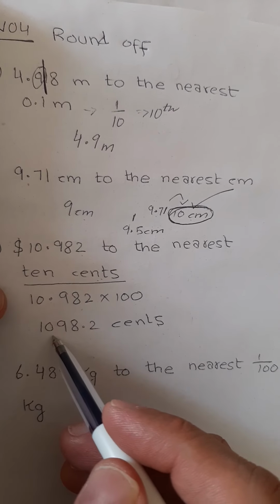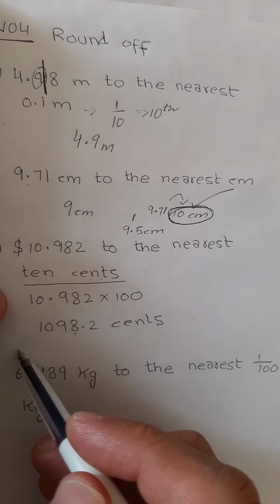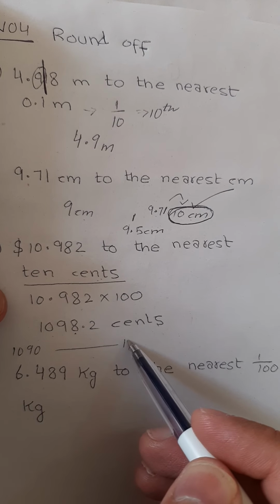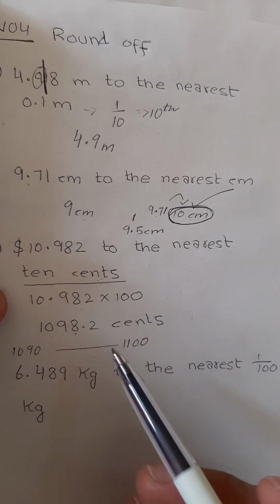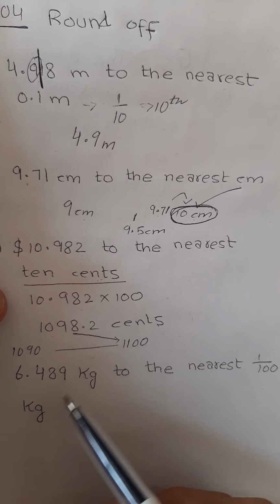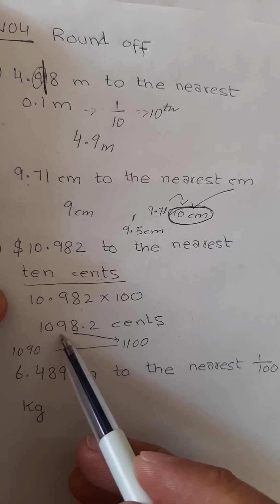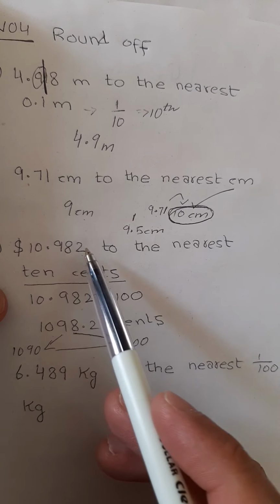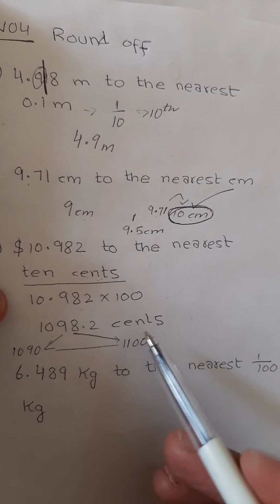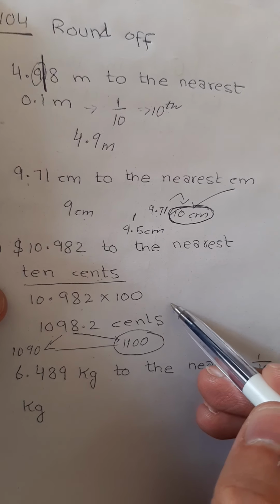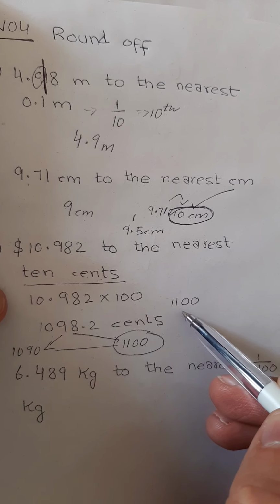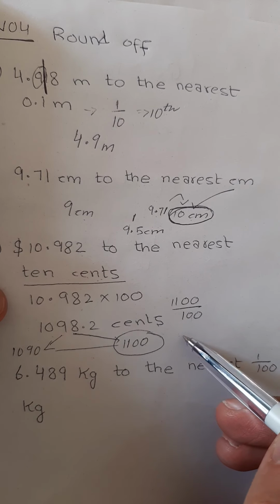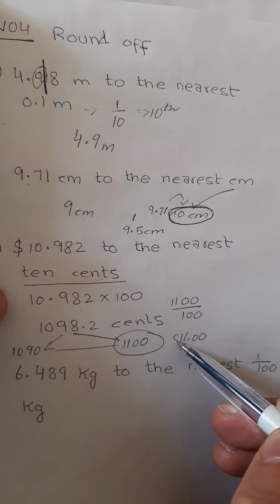That means this value 1098 is between 1090, if I am going to write multiples of 10, and 1100. So this is nearer to 1100 cents as compared to 1090. So your answer should be 1100 cents. However, in order to convert it to dollars, you need to divide it by 100. Your answer is $11.00.